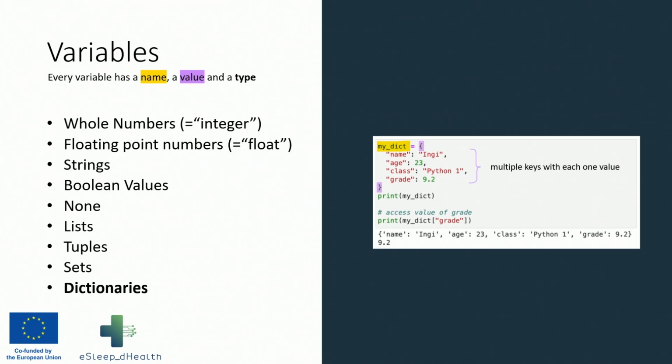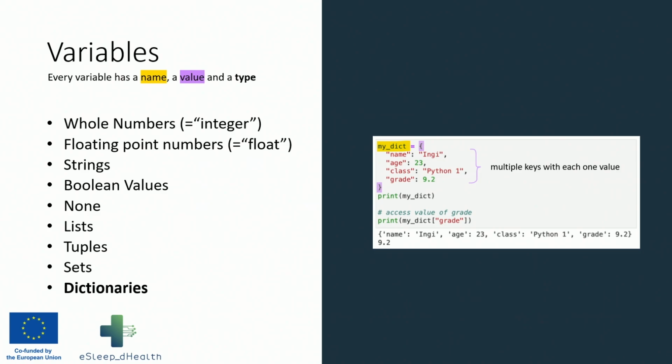The last variable type I want to talk about in this session is the dictionary. And a dictionary is declared with curly brackets. So we pick the name for the dictionary. Here I use the name my_dict equals, open the curly bracket, and now you can define multiple keys which each have one value. So for example, in this dictionary, we want to collect information about one student.